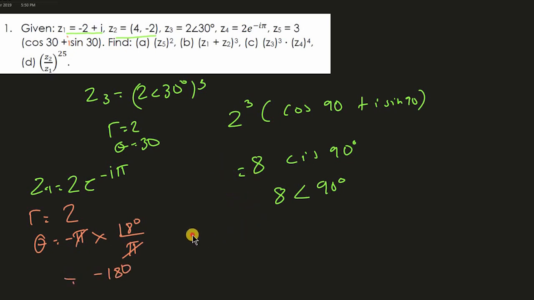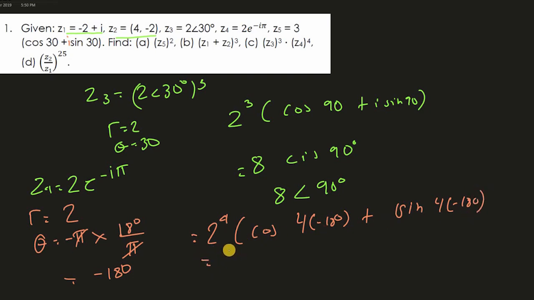So, solving for that, using the De Moivre's formula, that would be 2, again, that's raised to 4. Cosine n natin, that's 4. Ano yung theta natin? Negative 180 plus I sine 4 times negative 180. Solving for that, 2 times 2, 4 times 2, 8 times 2 is 16.